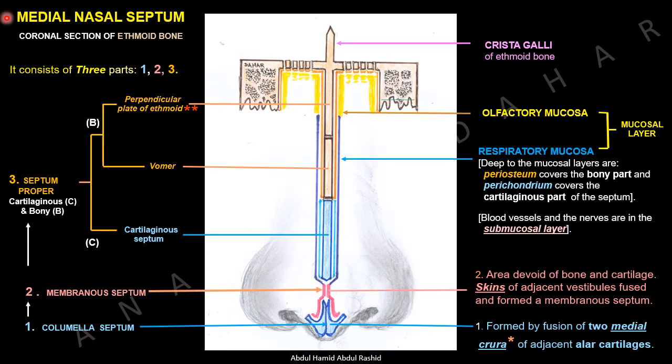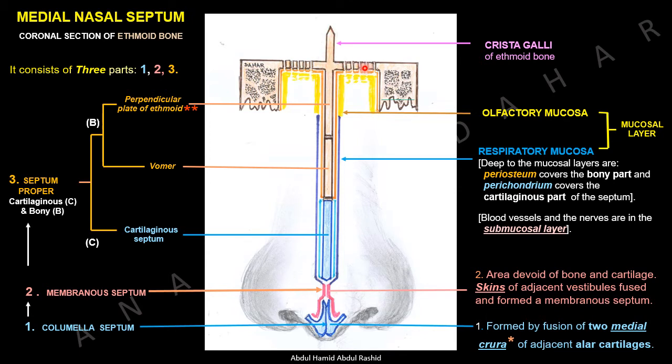Medial nasal septum. This is the most important part in this presentation, and I'm going to explain using a schematic diagram. This is the coronal section of the upper part of the ethmoid bone. We have already gone through the ethmoid bone. This is the crista galli.